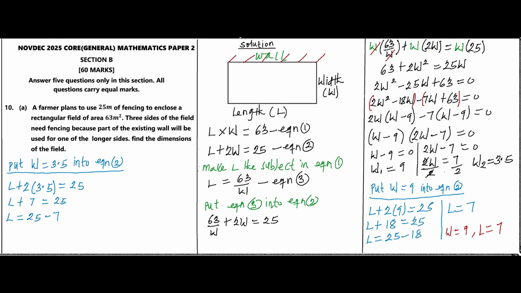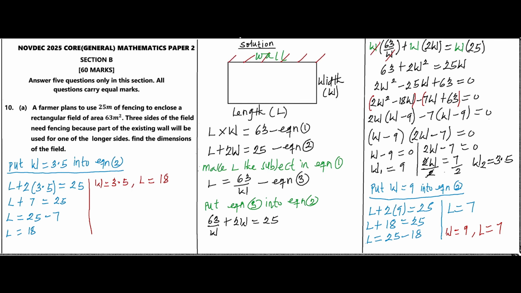And what is 25 minus 7? So L is 18. So for the second instance, we saw that when W was 3.5, we had L as 18.